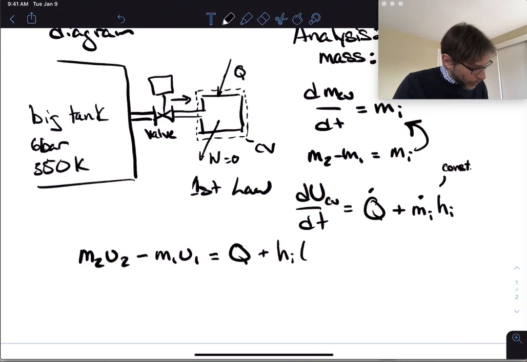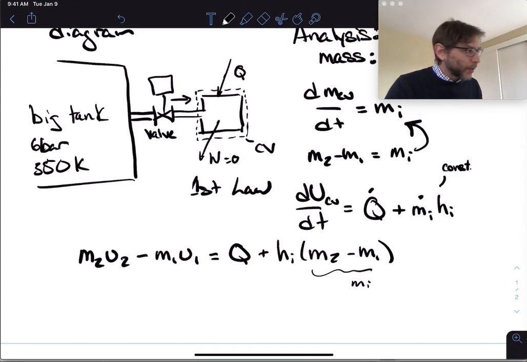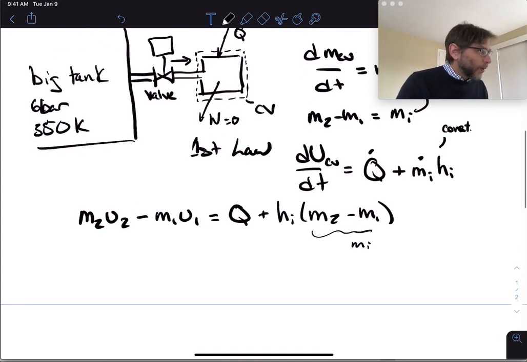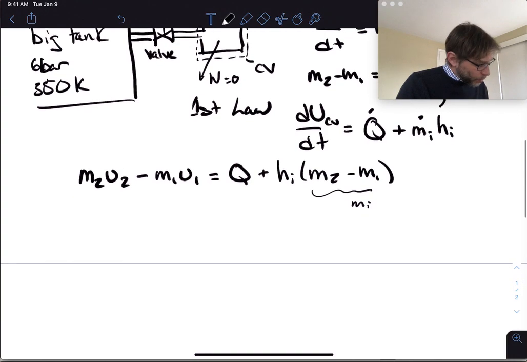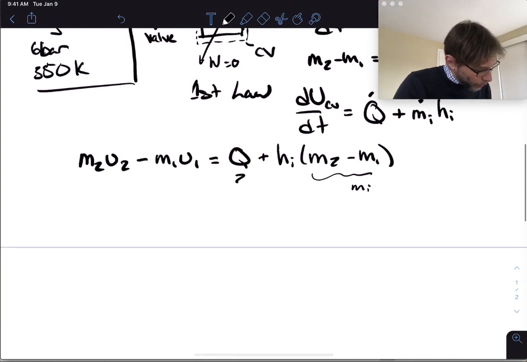So h_i times (m2 minus m1), because this is m_i, the mass that we put into the control volume. Now I think we can just solve this for Q. Q is what we need to find.